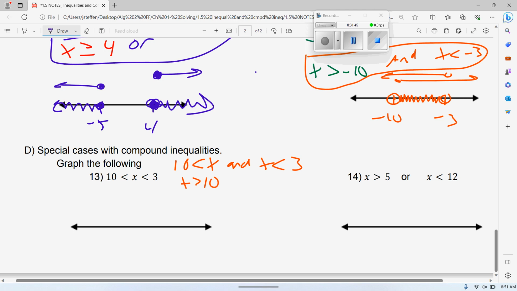But we have my 3 and my 10. x is smaller than 3, and x is greater than 10. Now, if it was an OR problem, this would be perfect. It's a typical OR problem with the shading, but it's not OR. This is an AND problem, so we have to shade where they overlap. If there is no overlap, there is no solution.